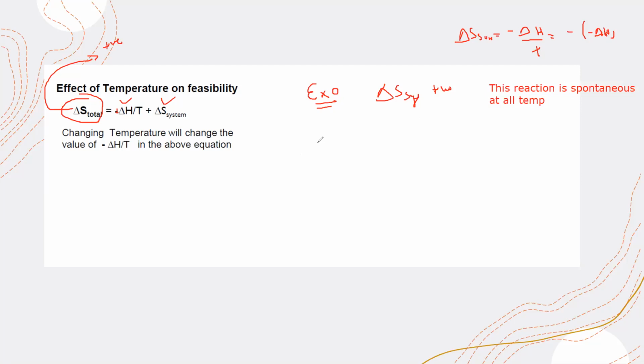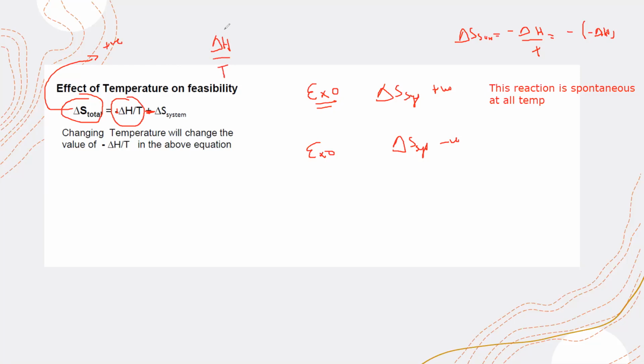But what will happen if a reaction is exothermic and the entropy of the system is negative? So if the entropy of a system is negative, this will be negative. So what we want is a higher value of this fraction, because this is a positive fraction, so we want it to be positive, a higher value. How can I have a higher value?